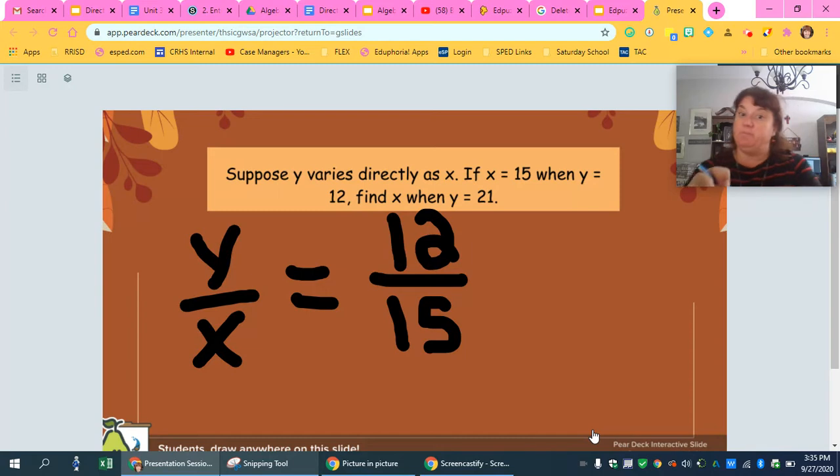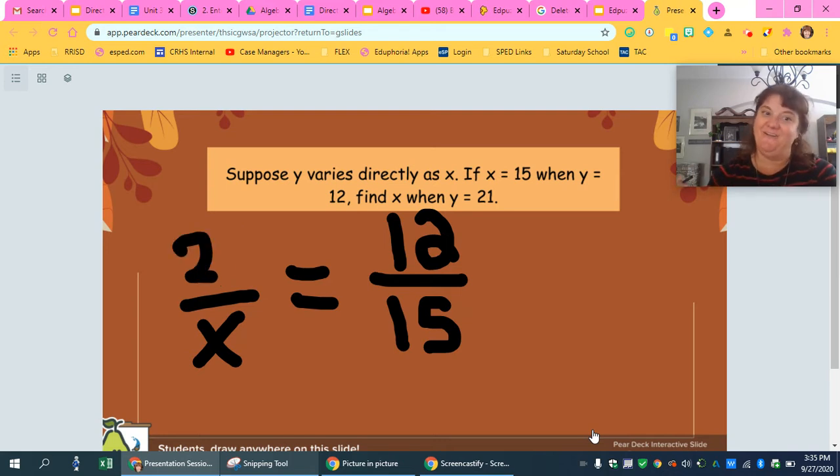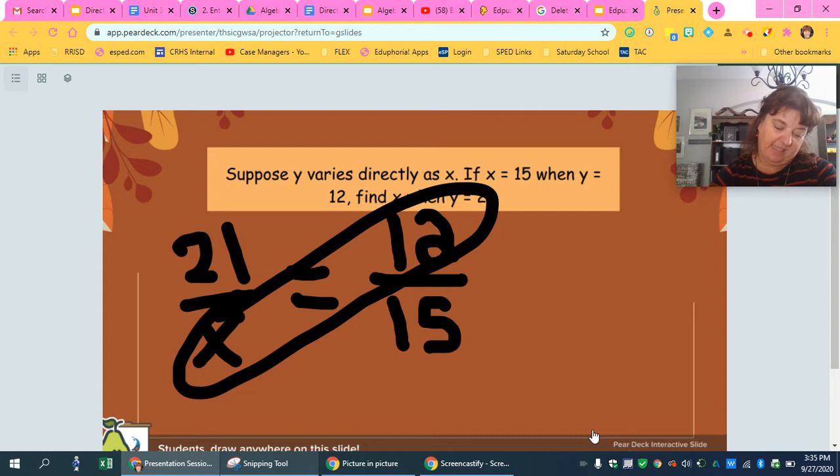Solve for x when y is 21. So let's erase the y and put a 21 there. Now it's our throwback. We're just going to do cross multiplying.